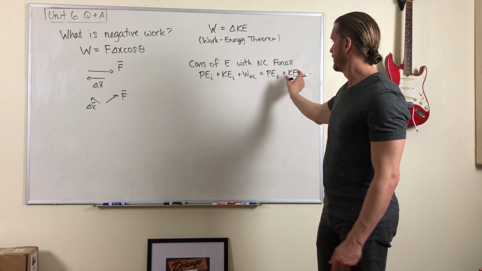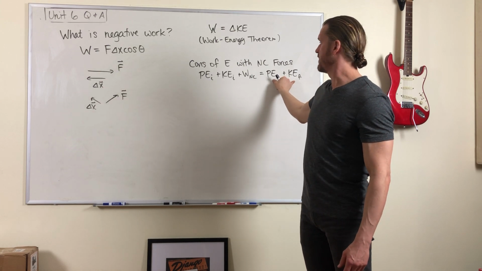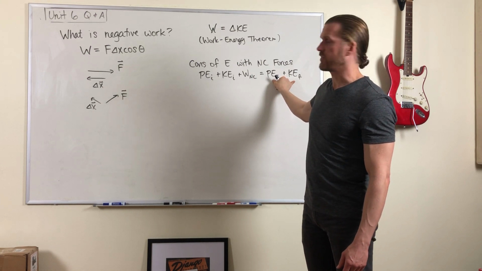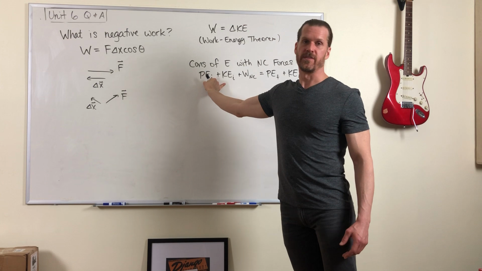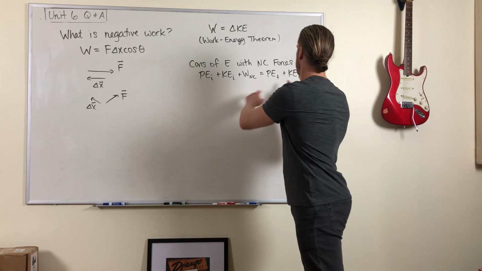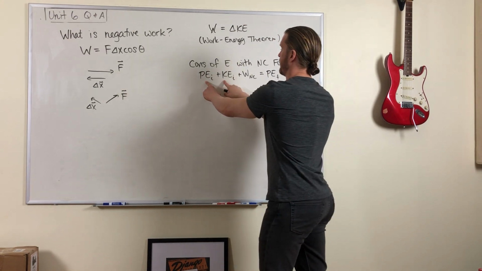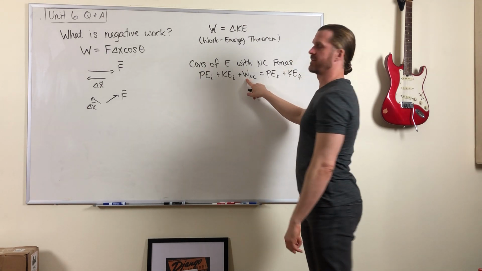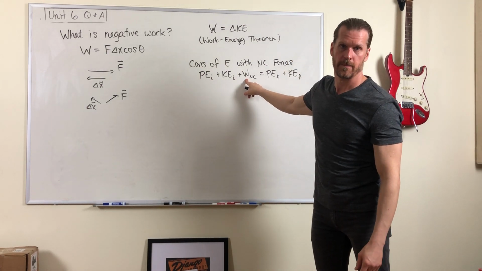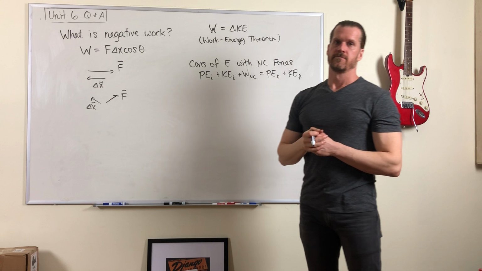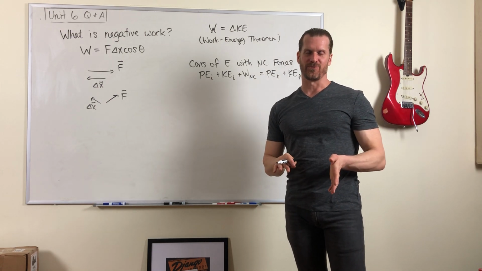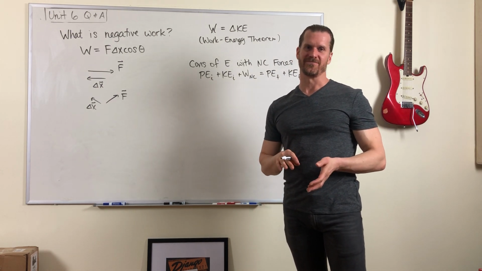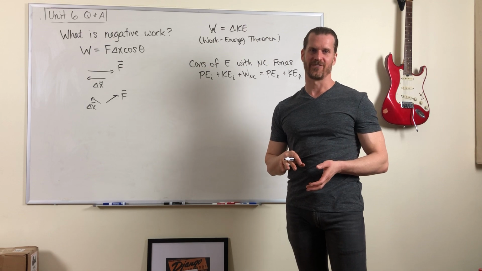So after some process occurs, the final amount of energy is going to be less than the initial amount of energy. This total will be less than that total because you're subtracting some of this stuff. So to sum it up in a really short statement, negative work slows things down.